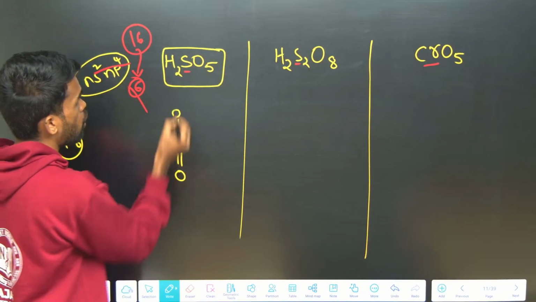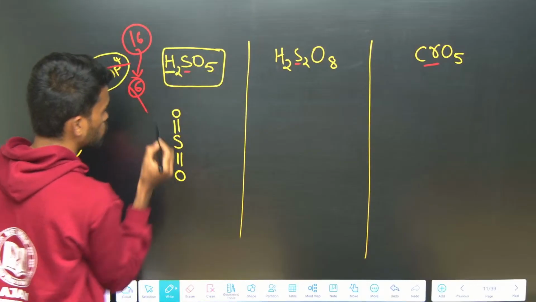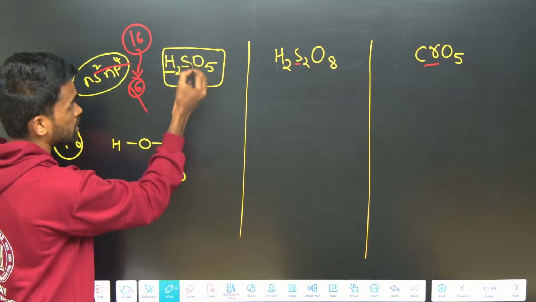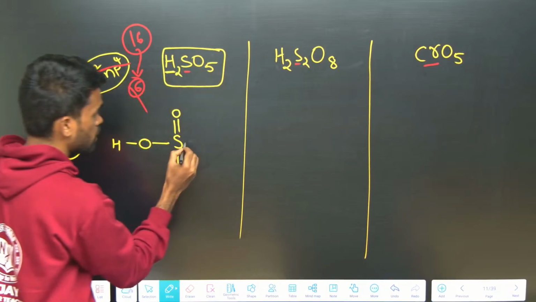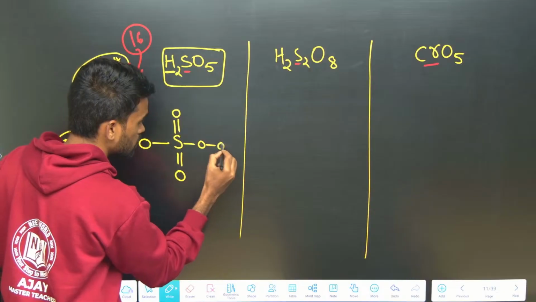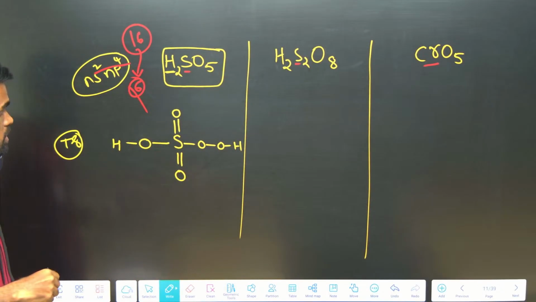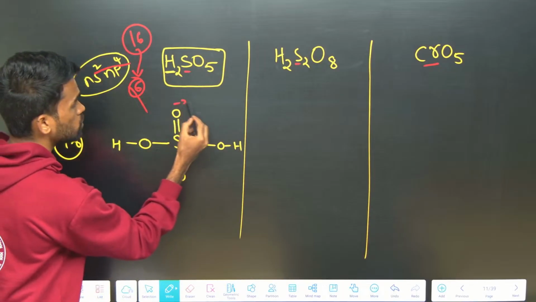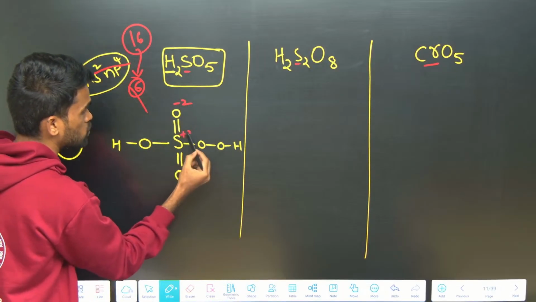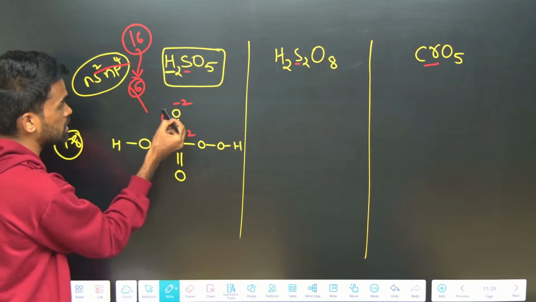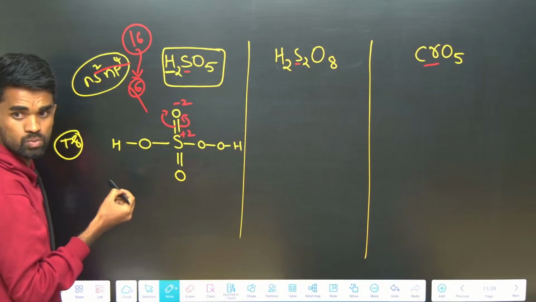After doing this, how many hydrogens are there? 2. So you can keep one oxygen, one hydrogen like this. Still how many are there? 2 more oxygens are there. So I am inserting like this. Now try to calculate its oxidation states. See here, this will be -2. If it is -2, sulfur should be +2 with respect to these 2 bonds, because electronegative atom oxygen will take the bond electrons towards itself.